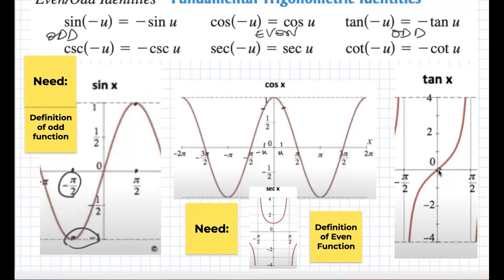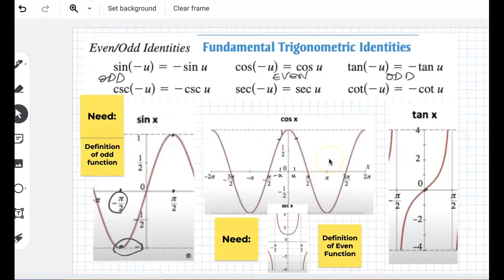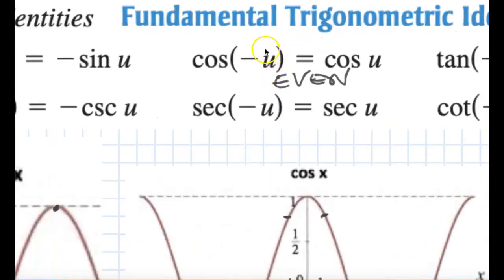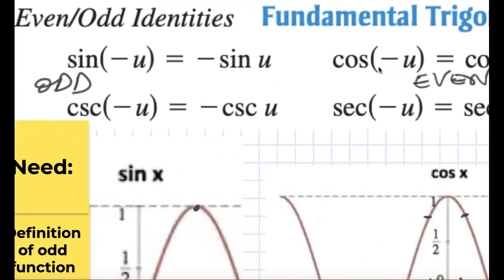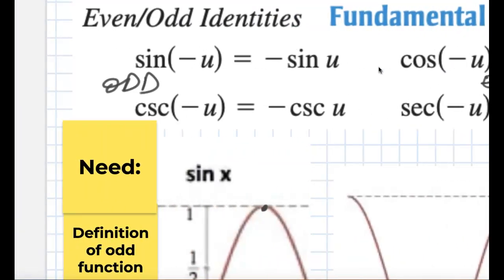I don't have space on this Jamboard slide to write those definitions. You might want to write those down, and I'll say them one more time. Symmetry in the y-axis is the definition of even. From an algebraic perspective, it means that if you put in the negative of some input, that's going to be exactly the same output as if you had done just the positive input. And then the odd algebraic definition is a little trickier to say.